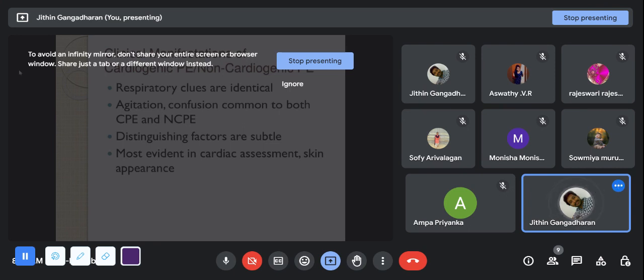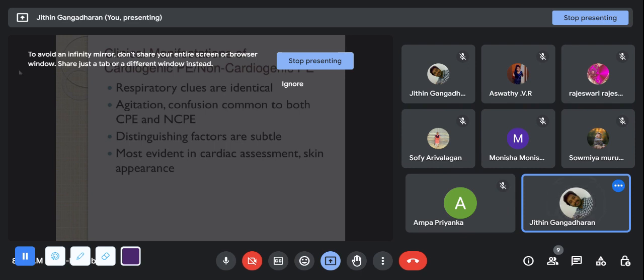So shortness of breath, paroxysmal nocturnal dyspnea, wheezing, then orthopnea, crackles when we are auscultating the lungs. Pallor, skin will be pale in color. Skin will be cold and clammy. And anxiety will be there.